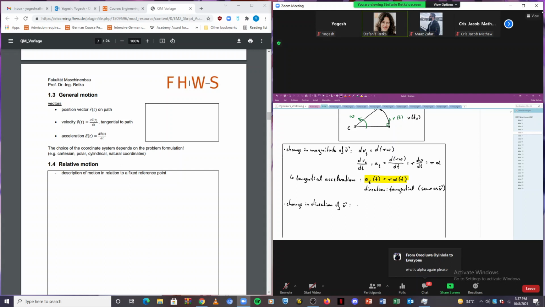We wrote this on the previous page. Now again, we are considering a small change as stated in the figure above. And now if we consider the change in direction, the orientation of our vector changes. Okay, so it's the normal direction that changes.